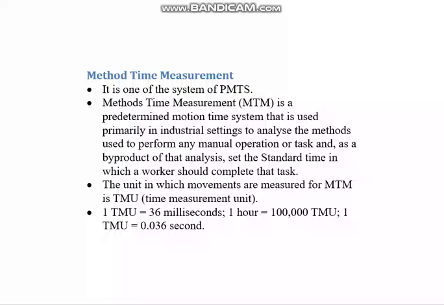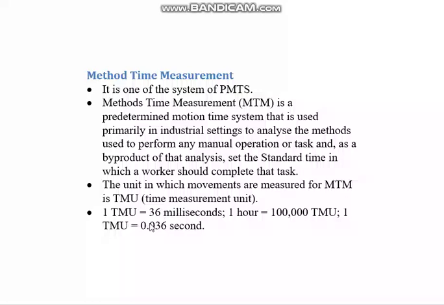So for that you have to take the film, and you have to watch it in slow motion, and then you will be able to tell how many motions were made. So for that another unit is used, called the time measuring unit, TMU.